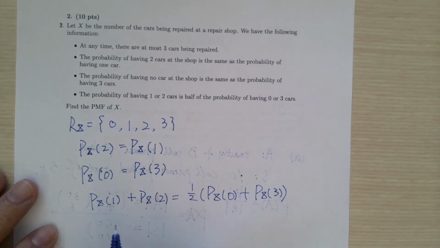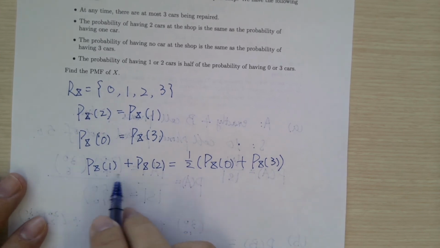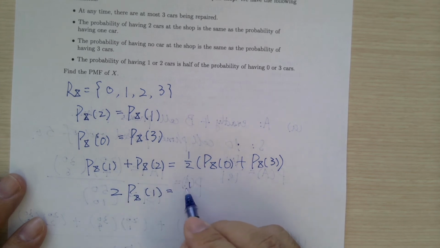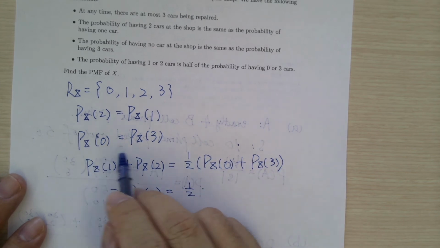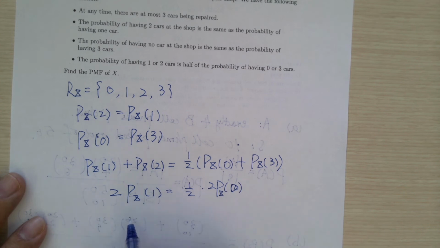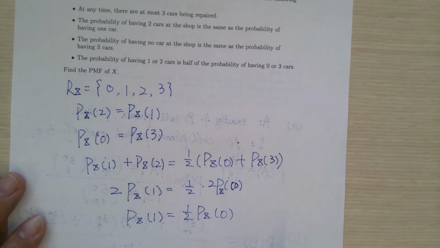So, you know, this is just doing some substitution, right? So since P1 equals P2, I can have this is 2 times P1, and that equals half times, since P0 and P3 are the same, 2 times P0. Turns out you can derive that P1 equals half of P0 here, right?